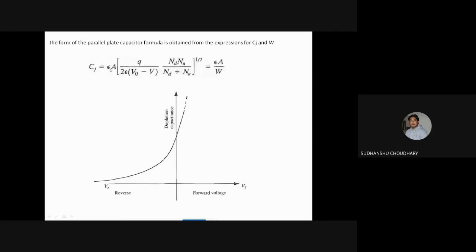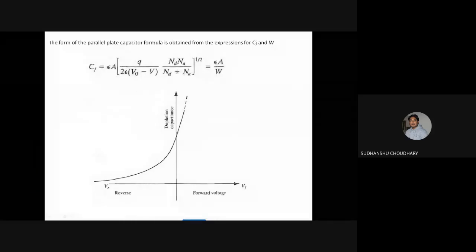Now this calculation of junction capacitance is for a PN junction where both sides are lightly doped. So for example, let us say that we have a P plus N junction where the P side is heavily doped, that is, the acceptor doping concentration on the P side is greater than the donor doping concentration on the N side.